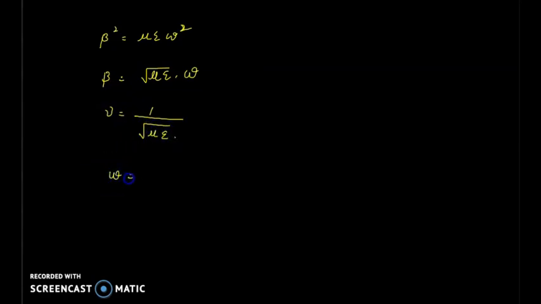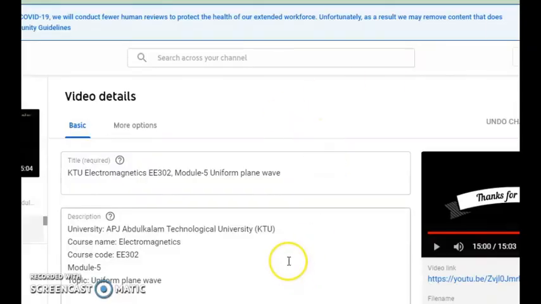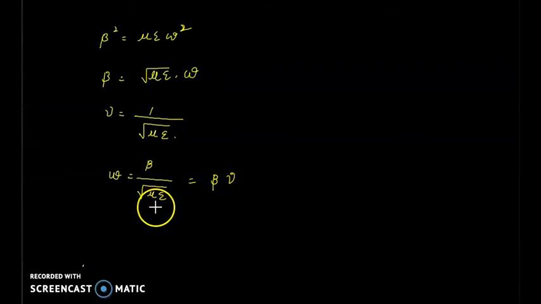So omega becomes beta divided by root of mu epsilon, which is beta v. Hence the velocity of the electromagnetic wave is v equal to omega by beta.